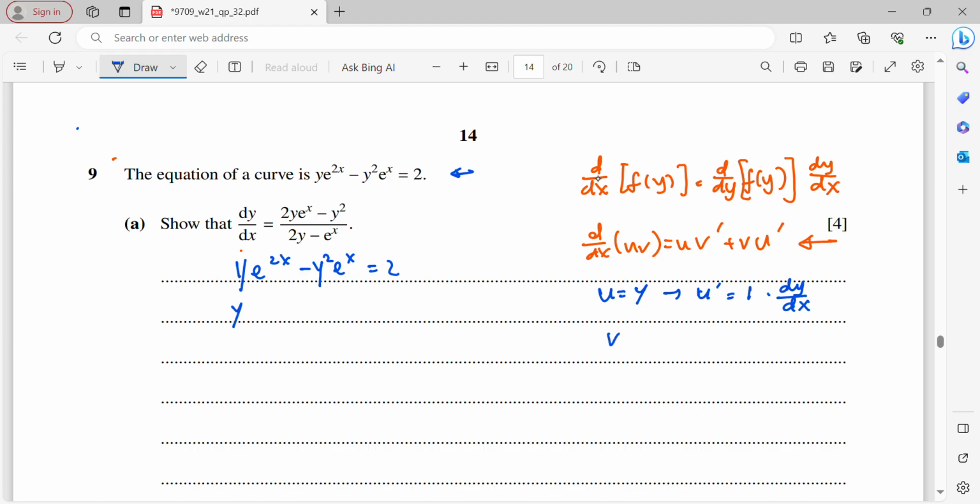Okay, then my v is e^2x, my v prime is exponential, you just rewrite and then differentiate 2x, it will be 2. So when you use this formula, I will get u v prime plus v u prime. So e^2x times 1 dy over dx, this is just dy over dx.